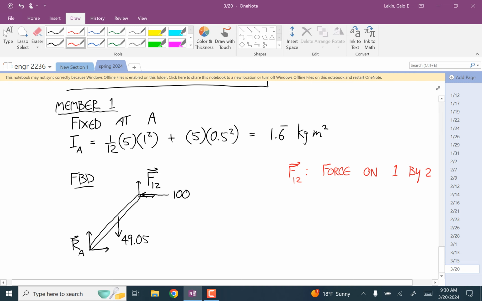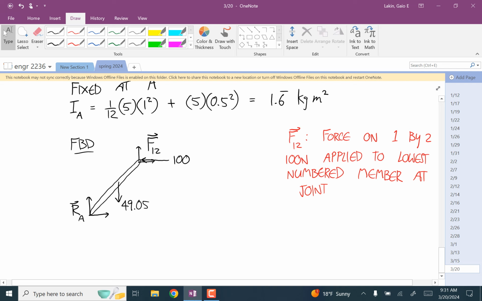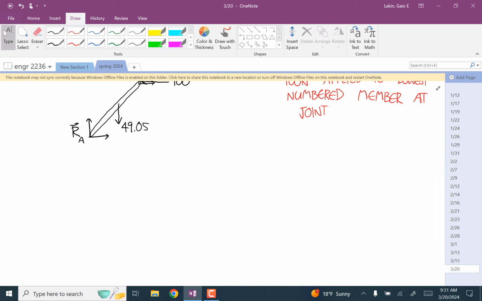And the 100 Newton force is applied to the lowest numbered member at that joint. Okay, so that's a complete free body diagram. And now we'll go into the table.